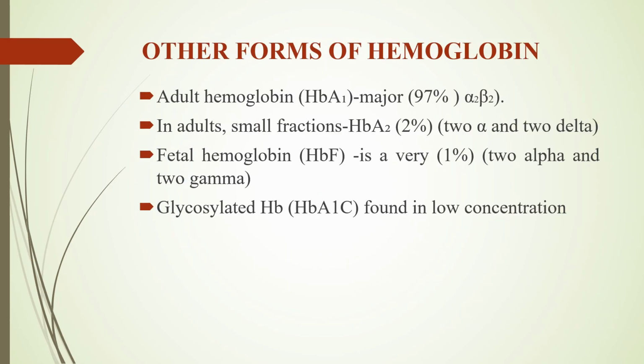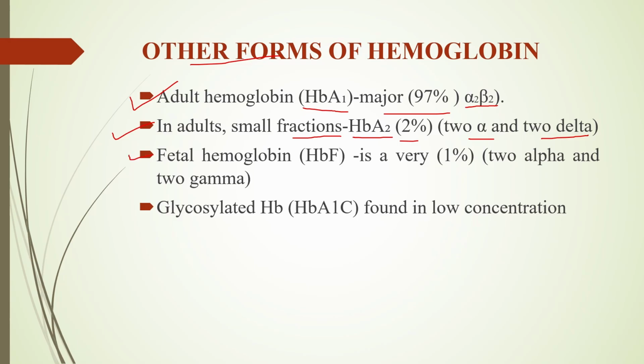Then the other form of hemoglobin that is present in maximum quantity is the adult hemoglobin, which can be written as HbA1, and in the majority, 97% of cases, this hemoglobin is present. It contains 2 alpha and 2 beta chains. And in adults a fraction of hemoglobin is present in the form of HbA2, and it is 2%. It contains 2 alpha and 2 delta chains.